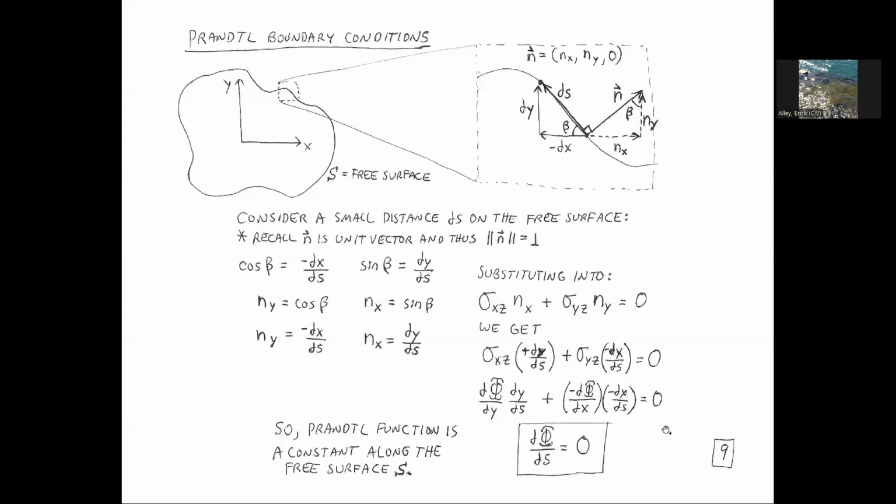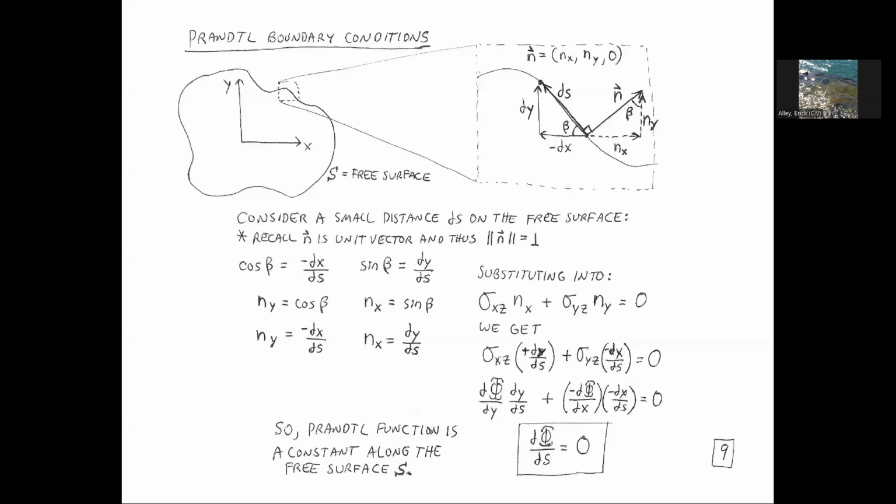So here's what we need to pick our Prandtl function. It needs to be a constant value all the way around that surface. Whatever we pick, it needs to hold the value around the surface. So the good news there is, if we can come up with an equation that describes the border or the perimeter or the surface, it's easy to make that equal to a constant.